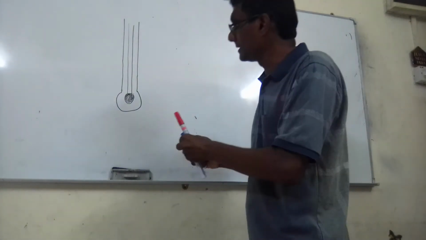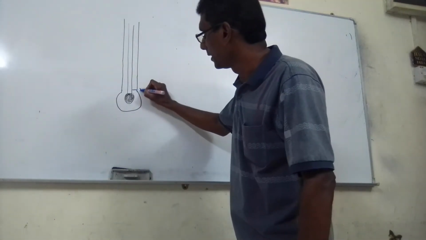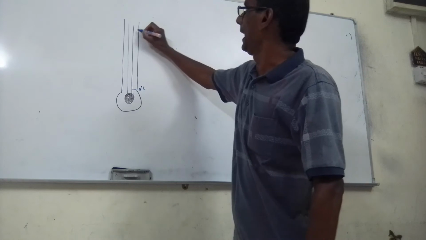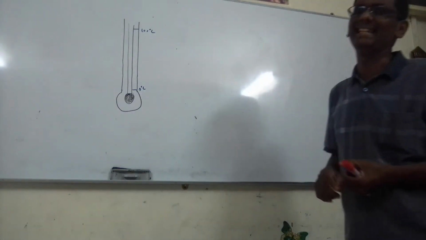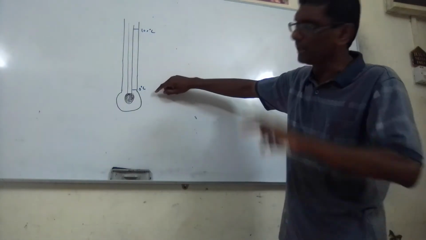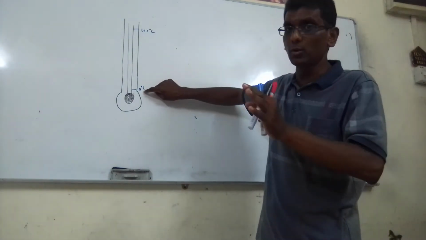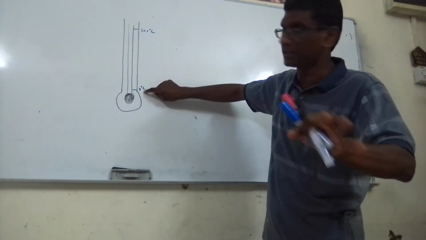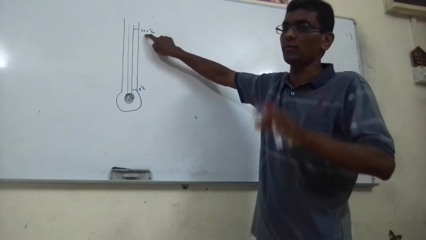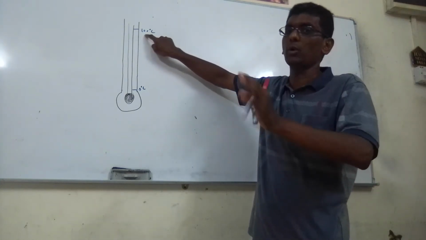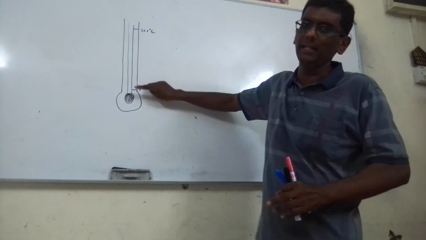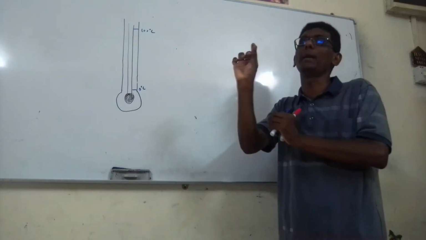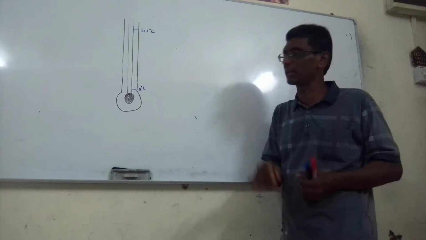Just now we marked 0 degrees Celsius at the ice, and 100 degrees Celsius when the water boils. In between it is empty. How to calibrate means how to make the scales.